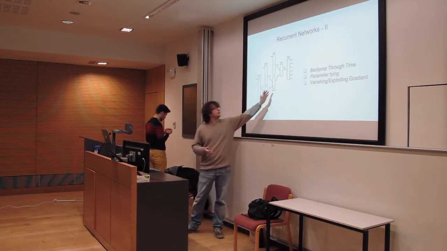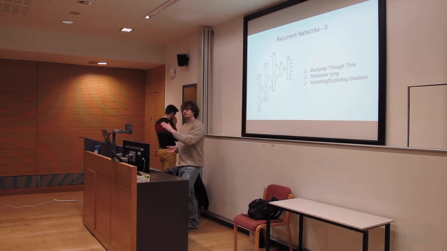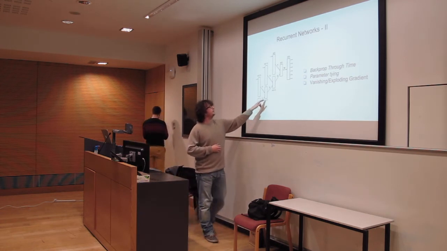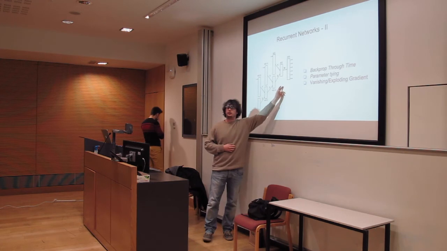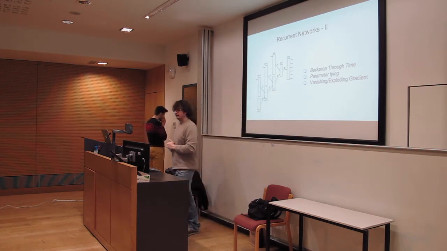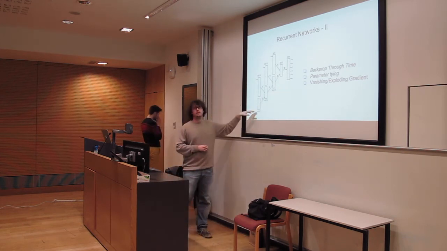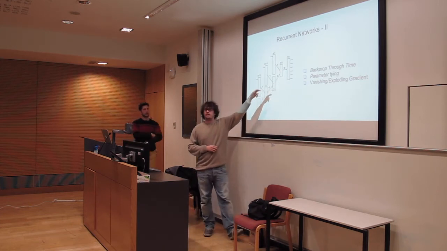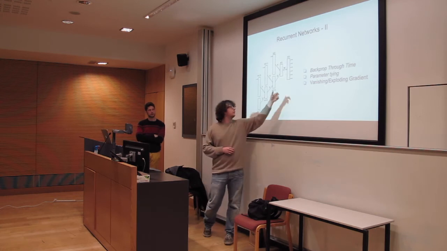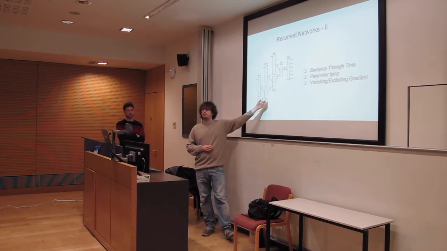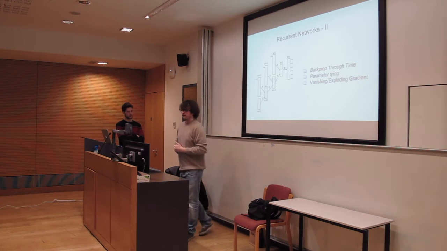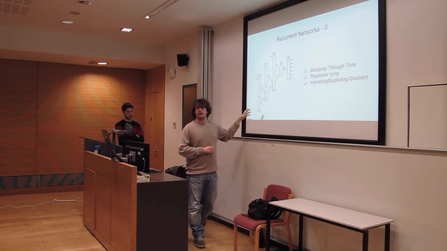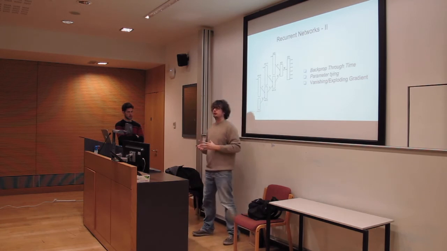You unfold the network and build a bigger network, feed the input at the different timestamps, and propagate all the information until the output. This is called backpropagation through time, because you propagate the gradients which result from the current input into the values of the parameters of the network at previous timestamps. The problem with this scenario is that you are artificially increasing the dimension of the network considerably.